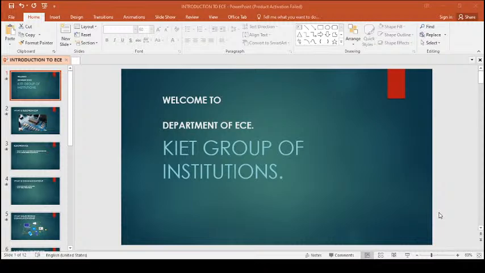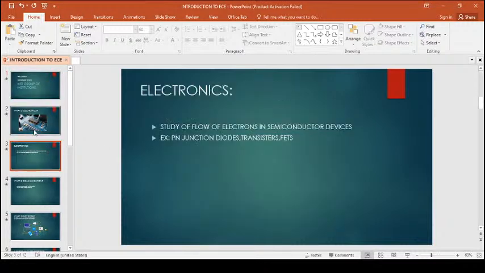Our mobile phone captures the voice signals, converts them into electromagnetic signals, and radiates them into free space. This is how communication is done through electronic devices. That could be the reason our branch has been introduced as electronics and communications.